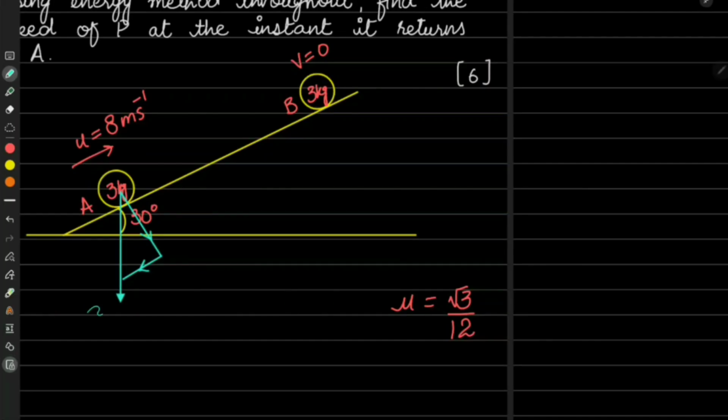This will be 3g, this would be your 30 degrees. This would be 3g sin 30, and this would be 3g cos 30.